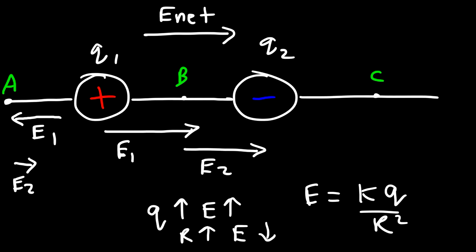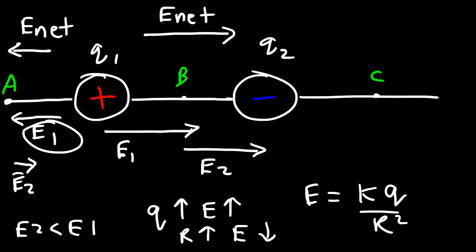And that's why E2 is less than E1 at point A, because the distance between Q2 and A is greater than the distance between Q1 and A. And so that's why E1 is stronger, but E2 is weaker. So the net electric field at point A is going to be directed west as opposed to east because E1 is greater than E2.